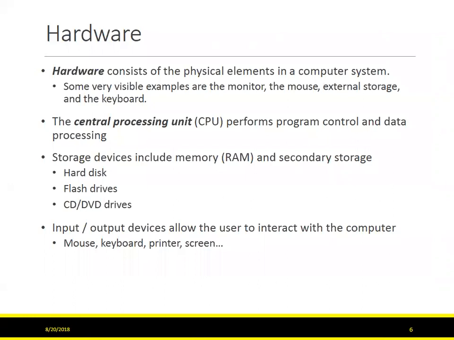The CPU, or central processing unit, is pretty much the brains of the computer. It controls the data processing. Then we have storage. We have hard drives, flash drives, CD-ROM drives. I actually wrote something to a CD-ROM the other day, probably the first time in 5 years. When's the last time you wrote something to a CD-ROM or DVD?